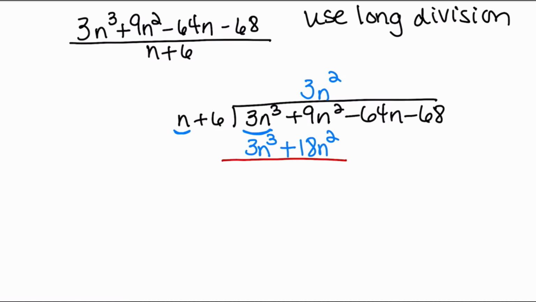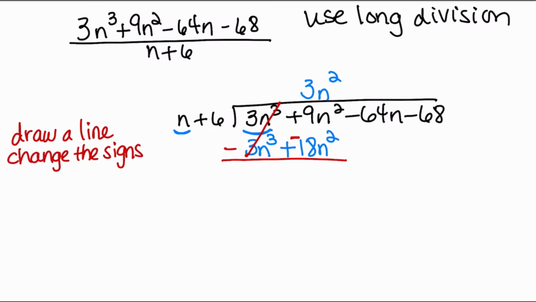Because of the subtraction, I'm going to change the signs, both of them, because when I subtract, I have to make sure that I distribute the minus. And then that's going to cancel out the very first term. Okay, so that I'm going to be reminding you over and over again. You're going to draw a line. We're going to change the signs. And then you're going to cancel that first term.